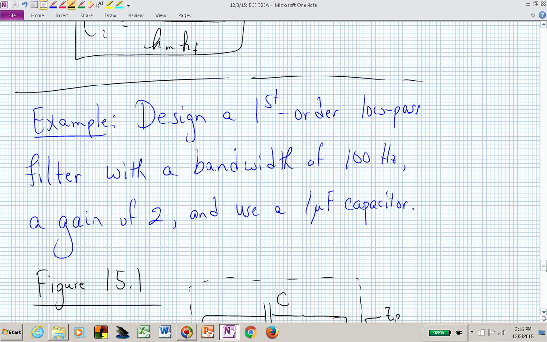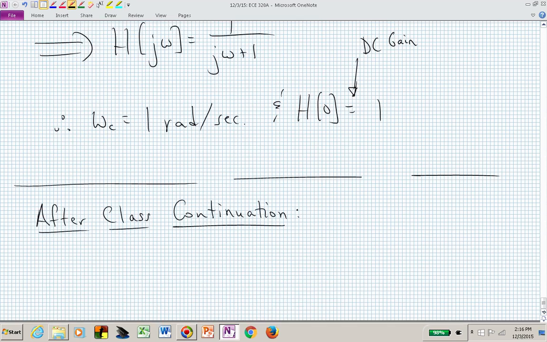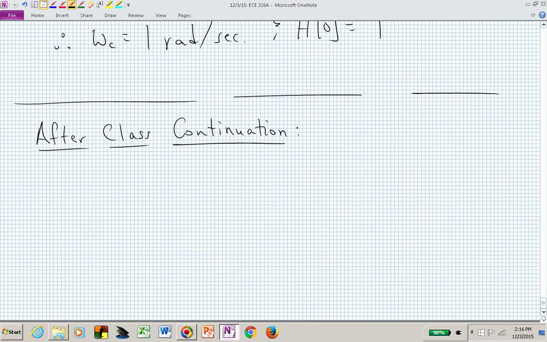So let's start by trying to find a frequency scaling that will produce a bandwidth of 100 hertz versus a bandwidth of 1 radian per second. To accomplish that, we need to perform our frequency scaling.